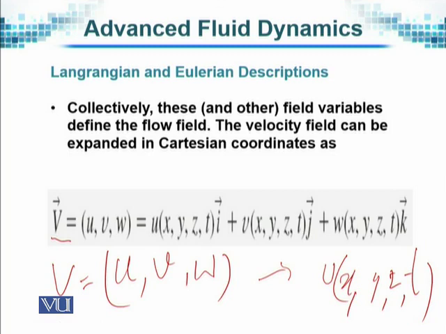Similarly, the component v is represented as shown, and the velocity vector as a whole is a combination of its three components u, v and w. In Cartesian coordinates, we normally denote it as shown.